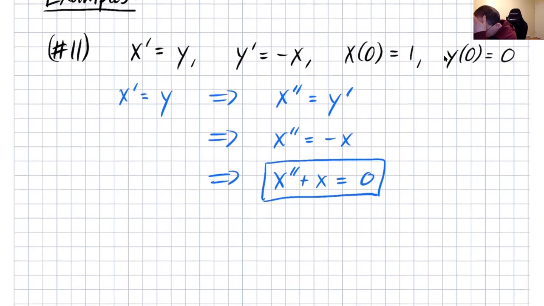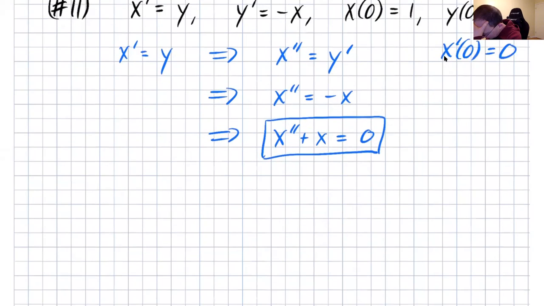We also need x prime of 0. So what is x prime of 0? Well, x prime is y, and y of 0 is 0. So that means that x prime of 0 is equal to 0. So now we have the two initial conditions that we need in order to use Laplace transforms to solve this.